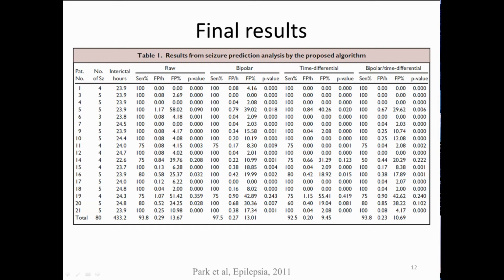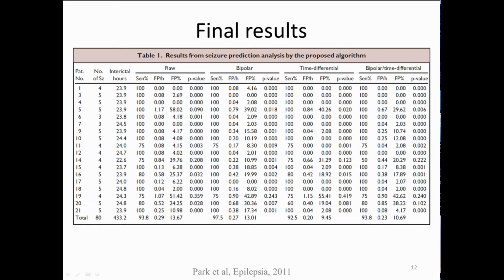And this really reduced our false positive rate significantly. Here's a table of our results where you can see for each patient the number of seizures, a total of 30 seizures, and the amount of interictal hours, which is 433. You can see the success rates of detections, false positive rates, and p-values for the raw, bipolar, time difference, and bipolar differential features.